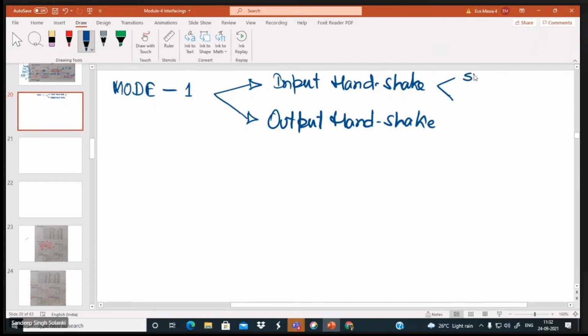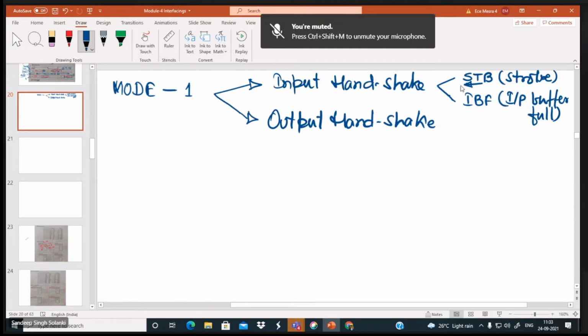In input handshake, you have two handshake signals. One is known as STB, that is strobe. Another is IBF, which is known as input buffer full. STB is an input signal, and IBF is an output signal.